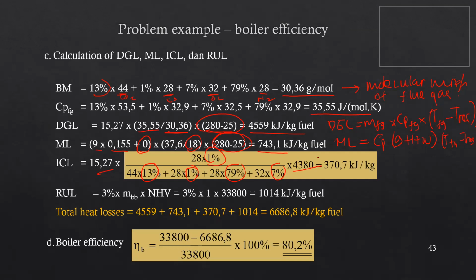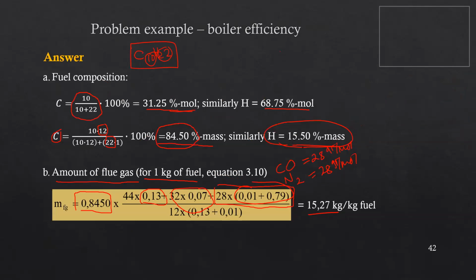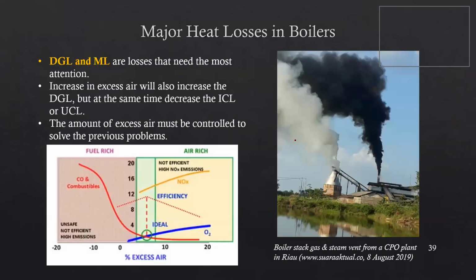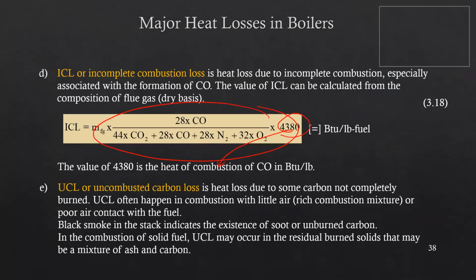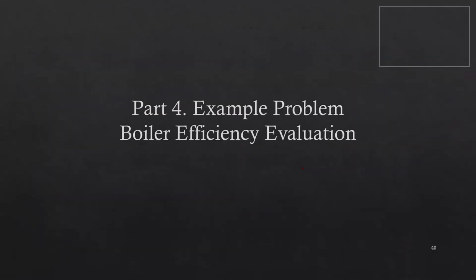I think there is a mistake here. If we want to use the units of kilojoule per kilogram, then we need to change this value, because as mentioned, 4,380 is in BTU per pound.